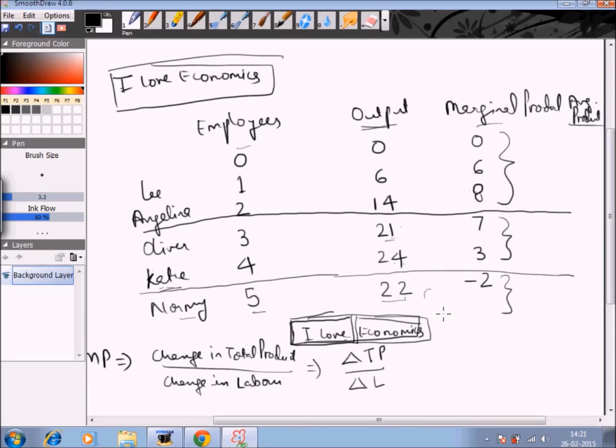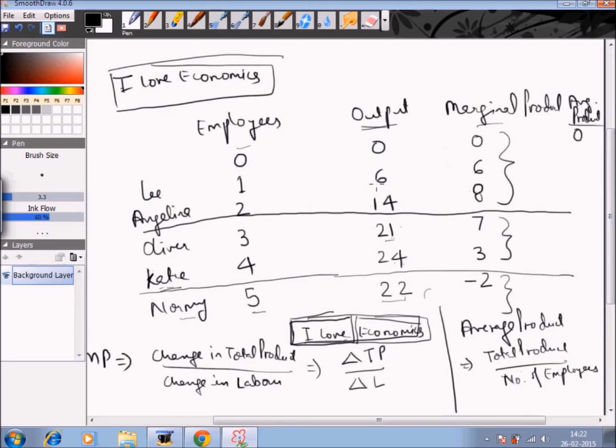That is, average product is equal to total product divided by number of employees. So in the first case, the total product, that is output, was 0 and the number of employees was 0, so the average product would be 0.